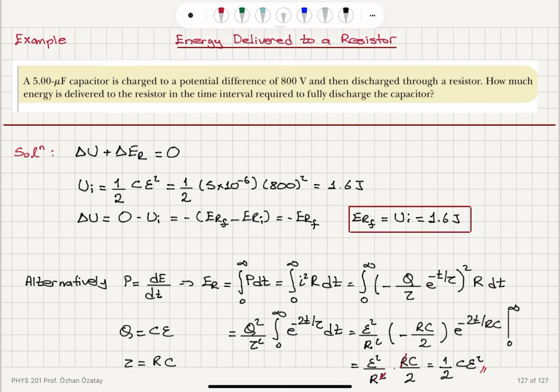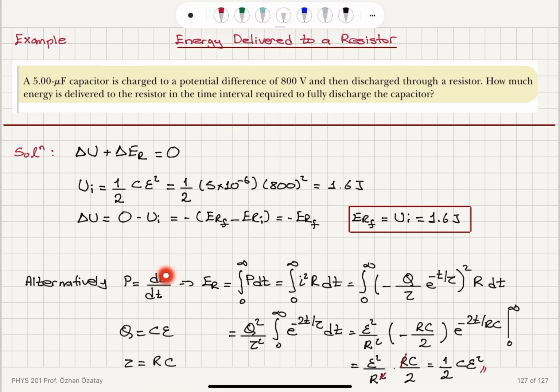Remember that the energy stored on a capacitor is Q squared over 2C, or 1/2 CV squared, where V is the voltage across the capacitor. In this case, it's epsilon, which is 800 volts.